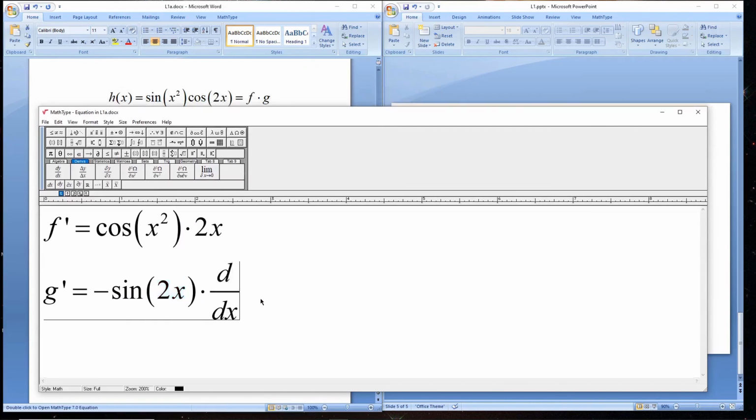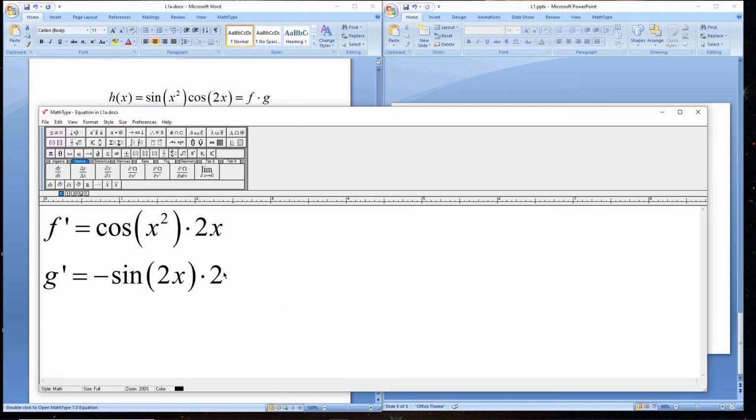And so the argument then is 2x. And what's the derivative of 2x? It's 2. And again, 2 has no argument, and so there's no derivative to take. And the chain rule is done. And that's our derivative.